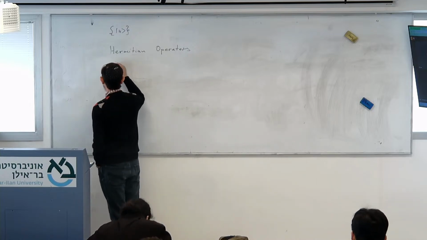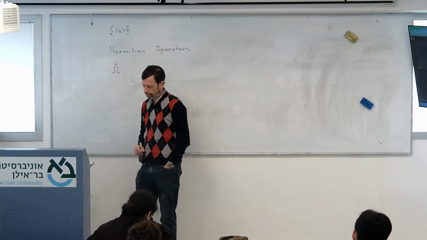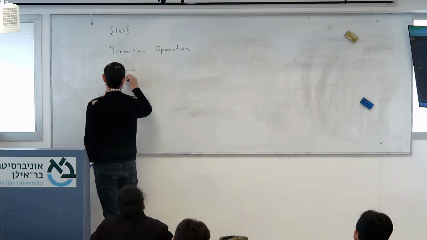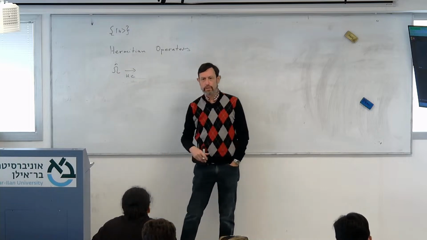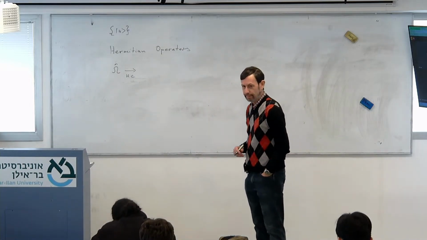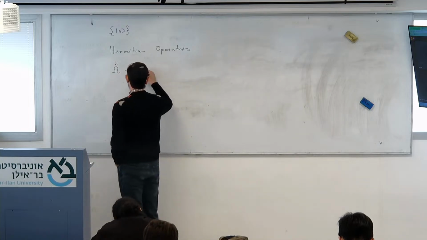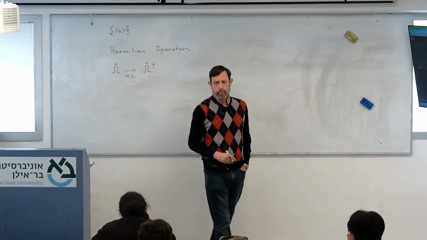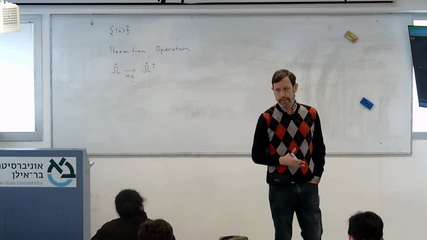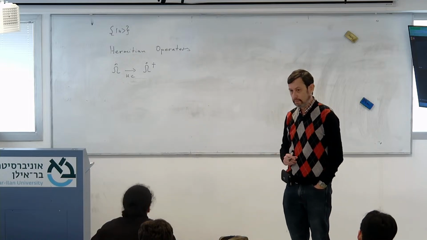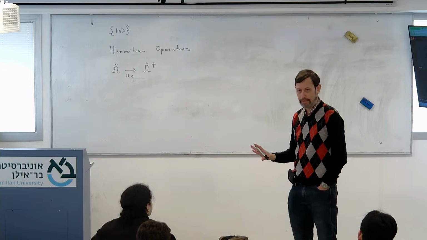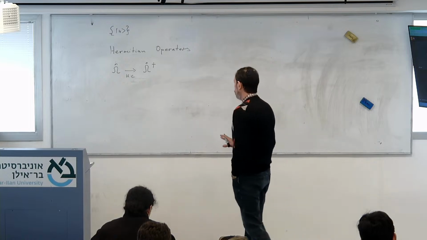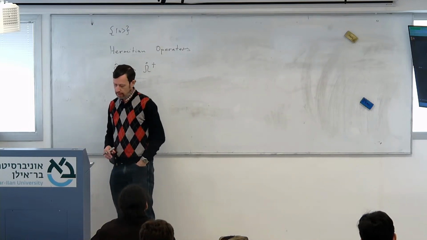Okay, so any operator has a Hermitian conjugate operator, which we write in the following way. The operator and a dagger. That's just mathematical notation. Still doesn't explain to us what this operation of Hermitian conjugate does.